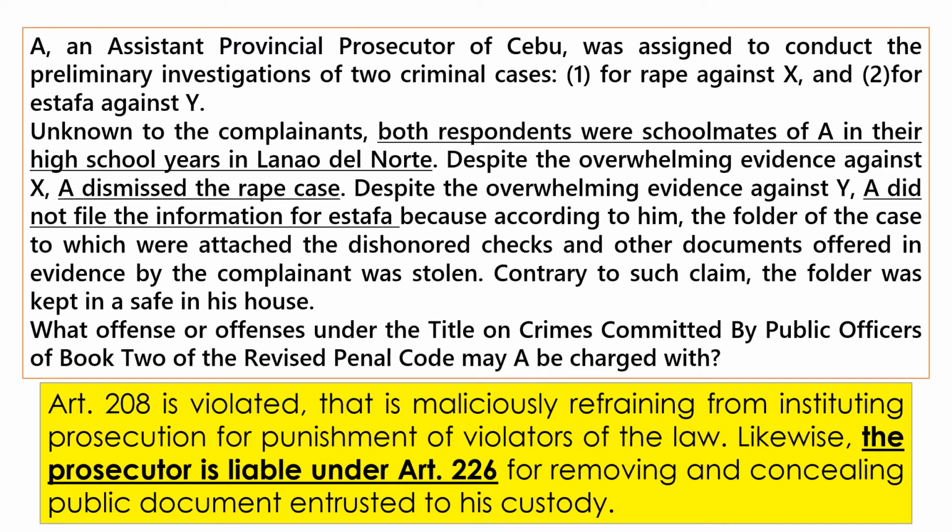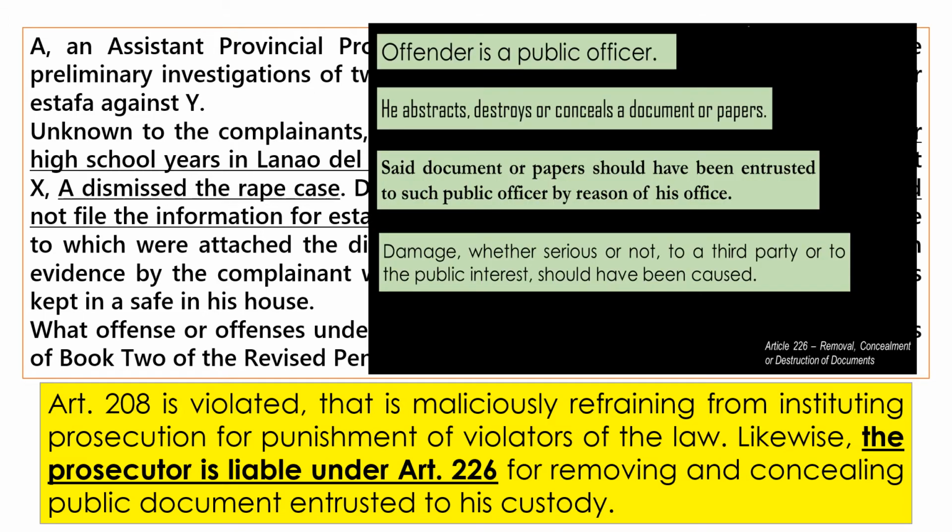But aside from Article 208, the assistant provincial prosecutor is also guilty of Article 226. Again, ano ba yung Article 226? That is the removal, concealment, or destruction of documents. Let's go back to the elements. First is the offender is a public officer.